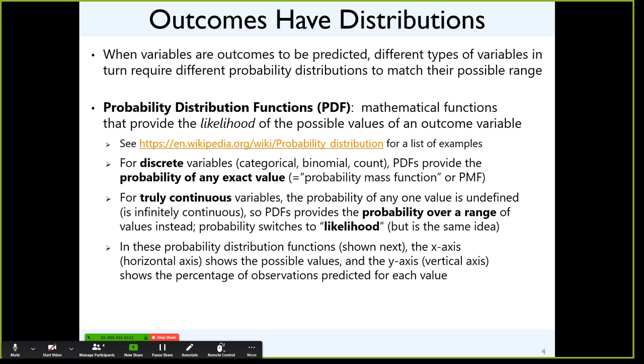On all of the pictures that I'm going to show you, the x-axis on the bottom has all the possible values that the variable can take, and the y-axis on the side is how, I'm going to say, likely each value is. When I say likely, think probable. Like, what are the odds of saying this in a colloquial sense? Just think likelihood in that sense. Likelihood has an actual mathematical definition, but we don't need to worry about that for today.